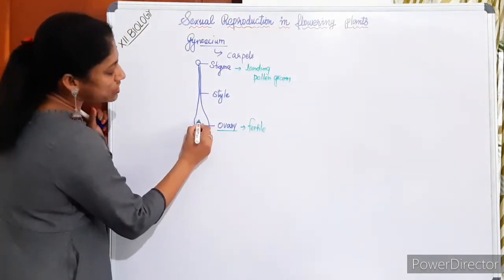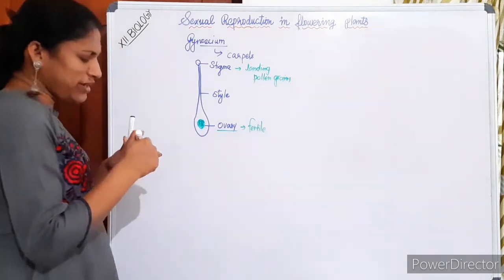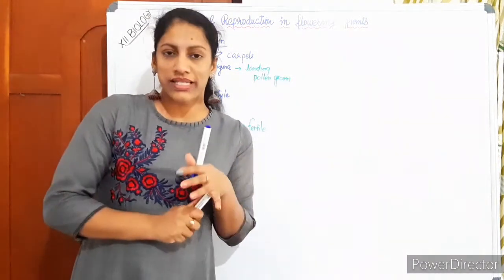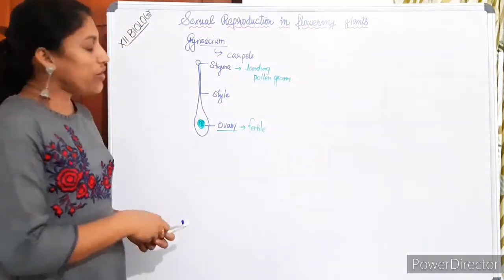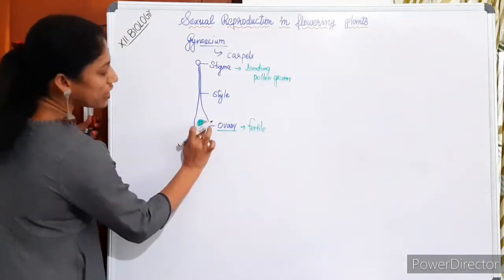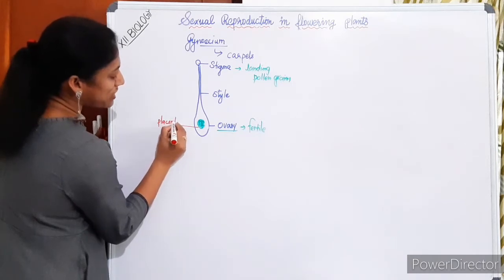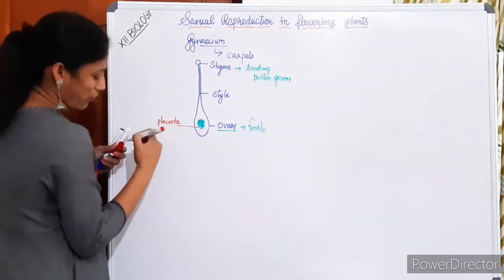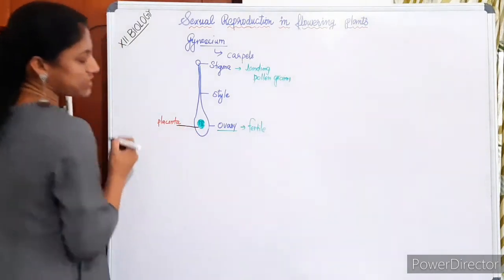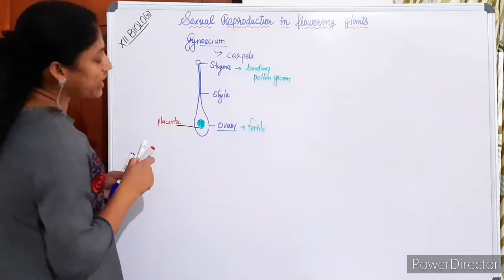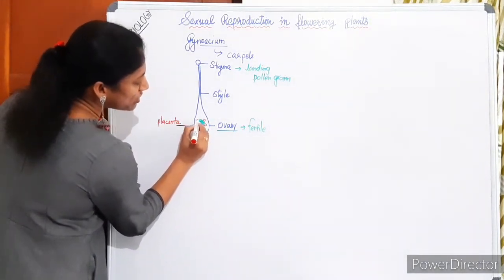The ovary has a specialized tissue, which may be differently located. You have studied different types of placentation. The ovary has a special tissue called placenta, and attached to the placenta, the ovary consists of one or many ovules.